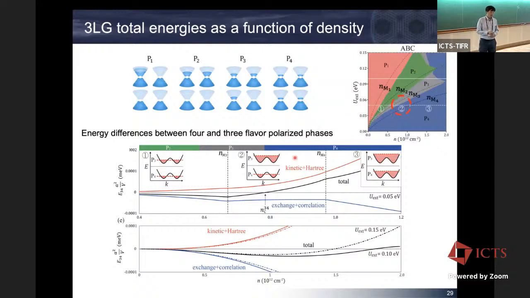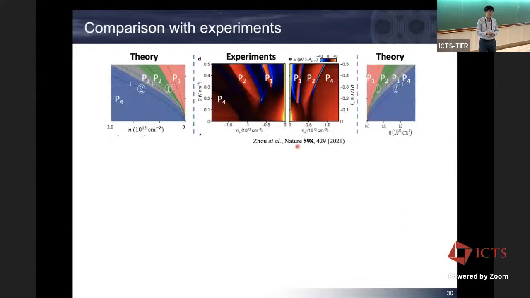And here again, one thing is that we see a continuous sequence going from 1, 2, 3, 4 flavor polarization, unlike the experiments where they show 1, 2, 4.